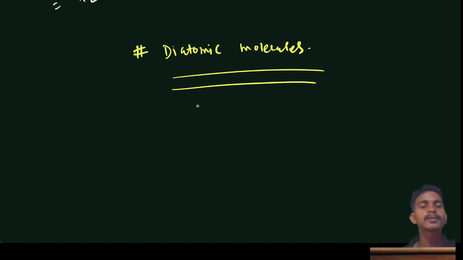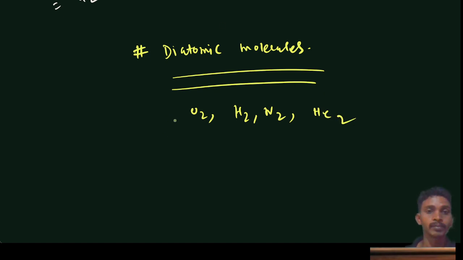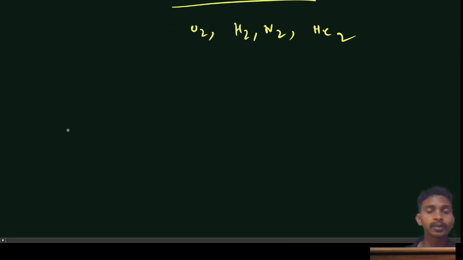Diatomic molecule means molecules that are diatoms, like O2, H2, N2. These are called diatomic molecules.